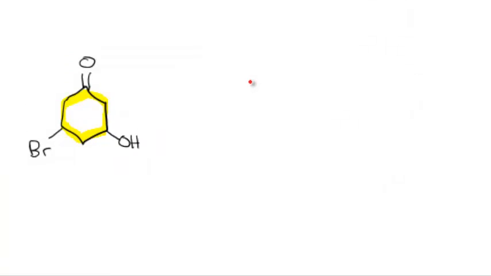So when we number our ring, we'll make sure to give the hydroxyl the next lowest carbon number. So it's going to get carbon 3, and as a result of our numbering, our bromine is going to go on carbon 5. So 6 carbon ring, ordinarily cyclohexane for an alkane.